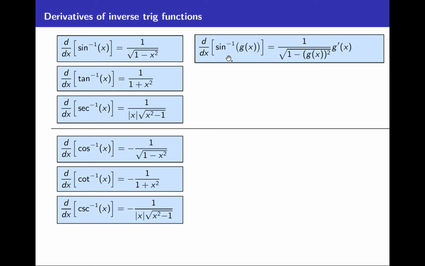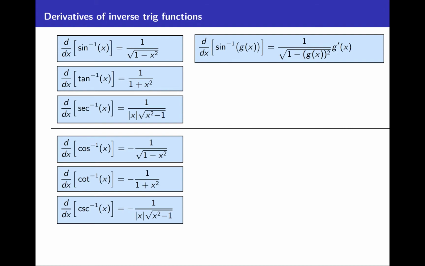You'd get the derivative of sine inverse of g of x as 1 over, this would be this with g of x plugged in for x. That's 1 over square root of 1 minus g of x squared. And that whole thing times the g prime of x. That's just the chain rule applied to this rule. So we get a corresponding generalized rule for sine inverse of g of x.